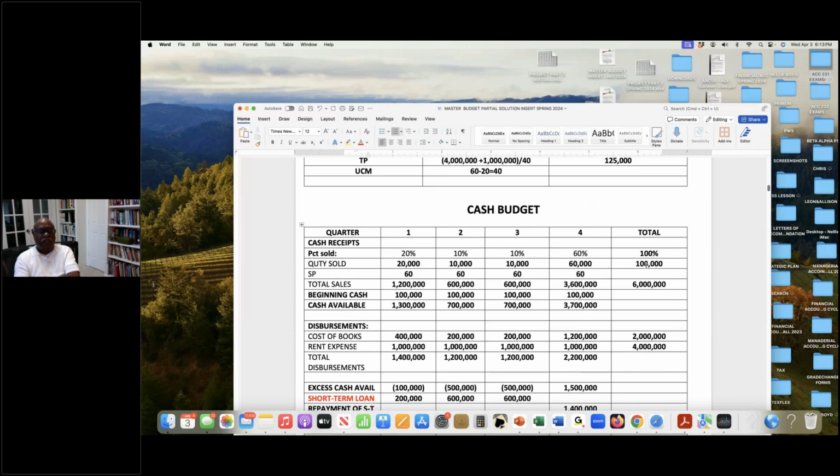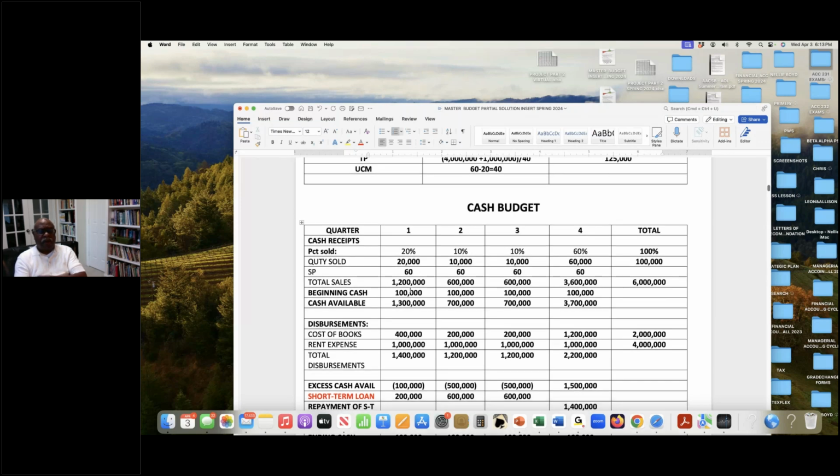That broke down to 20,000, 10,000, 10,000, and 60,000, for a total quantity sold of 100,000. Selling price was 60. Our sales in the first quarter were $1.2 million, the 20,000 times the 60. We began the business with 100,000 in cash. Keep that amount in there. Our cash available is $1.3 million.